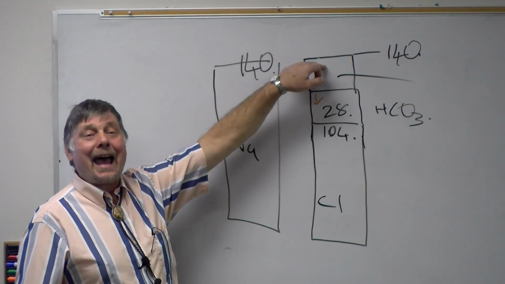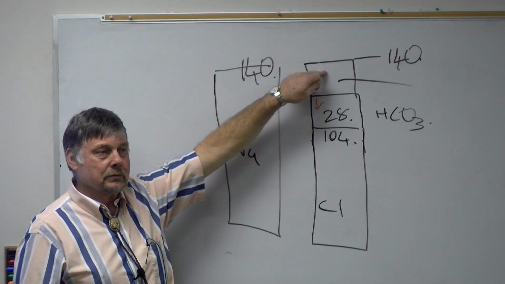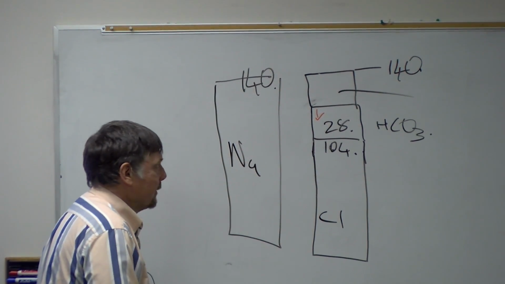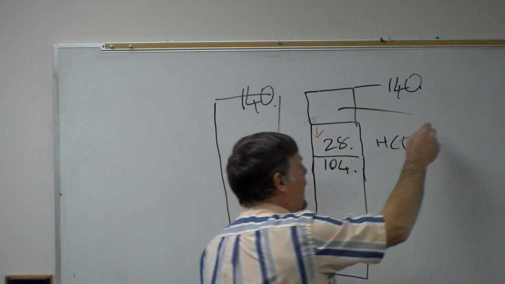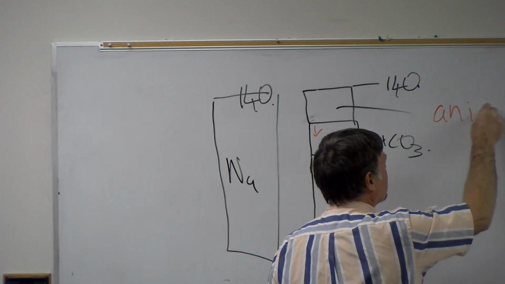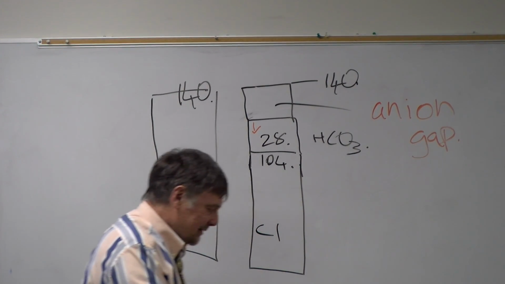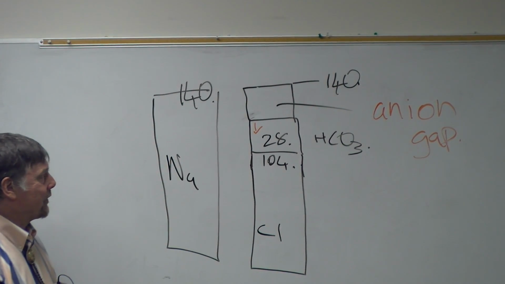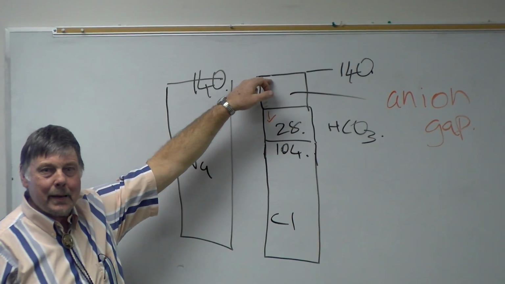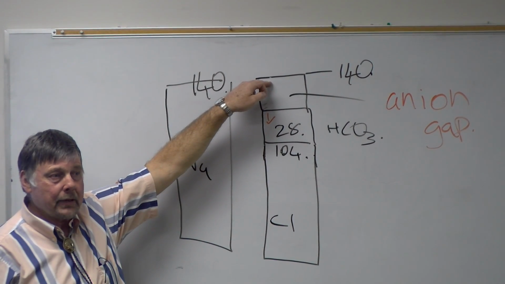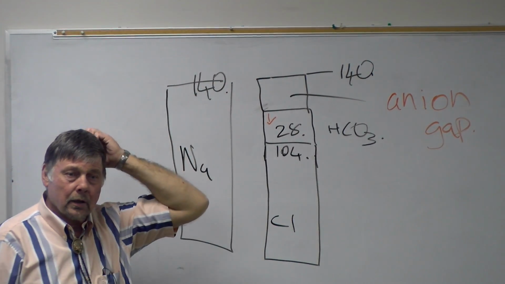Okay? Oh, the anion gap, we'll call it. Okay? So this is the anion gap. In other words, all it says is it's all the anions that we never measured. Okay.